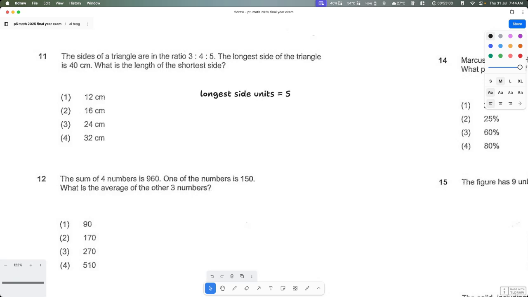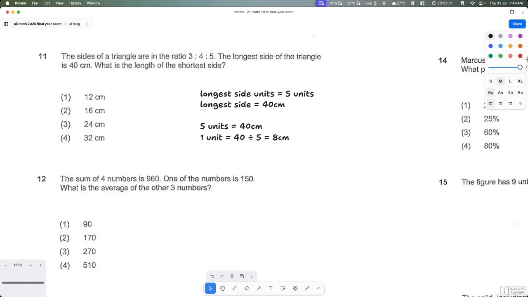And we also know the longest side is 40 centimeter. So 5 units is equal to 40 centimeter. 1 unit is equal to 40 divided by 5, and this will give us 8 centimeter.